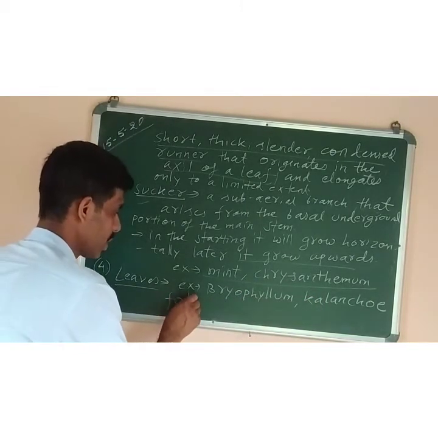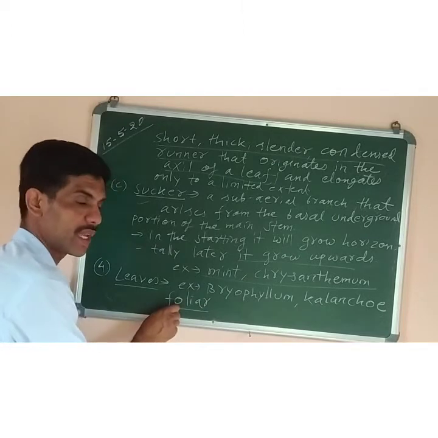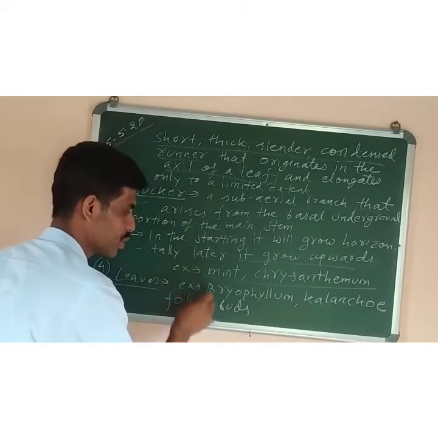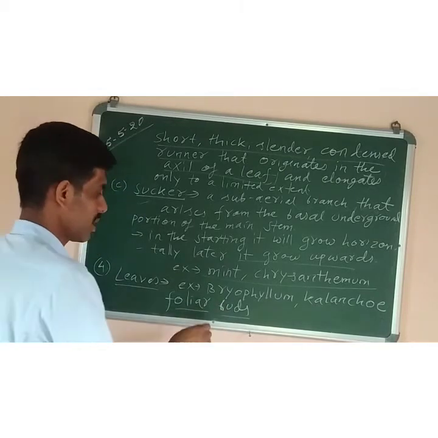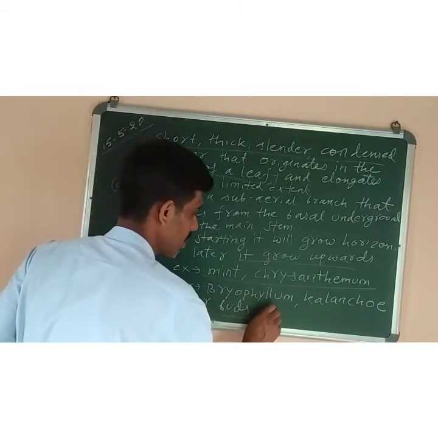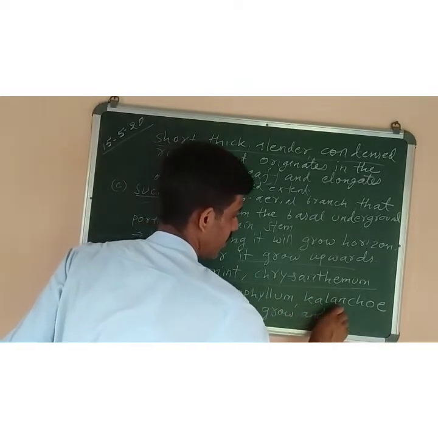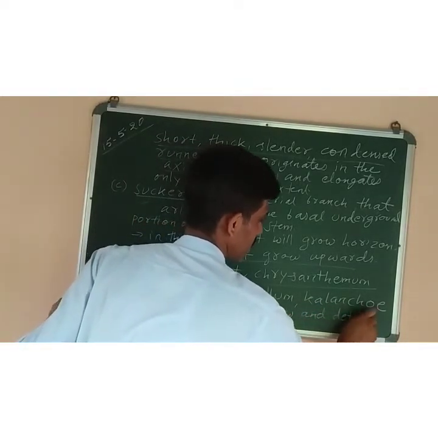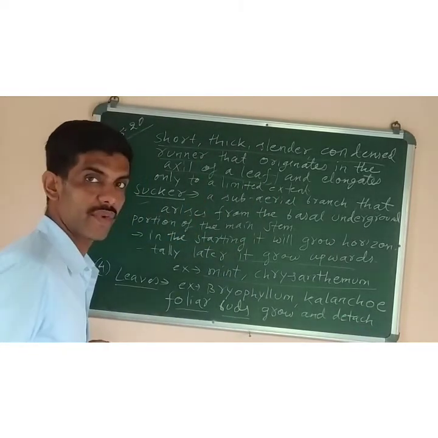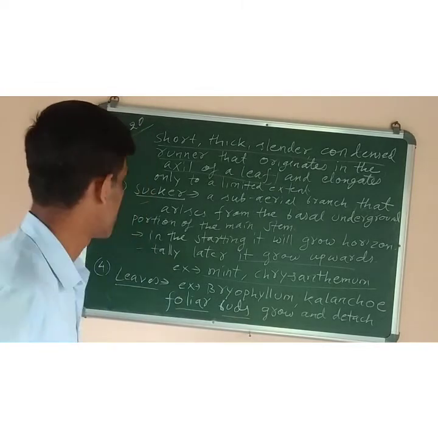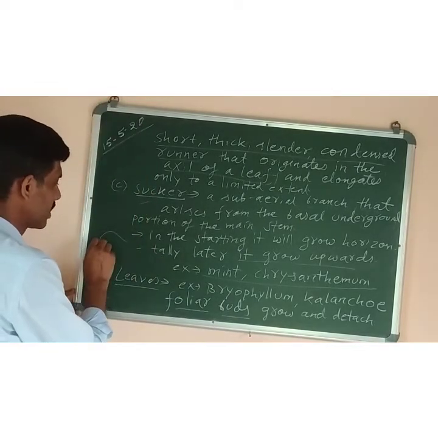In Bryophyllum and Kalanchoe, the foliar buds. What is the meaning of foliar? Foliar means it refers to the leaves. Buds, you know, are the young undeveloped shoot which is found in the stems only. So foliar buds grow and detach from the parent plant to produce a new plant. Means if I take the example of a leaf here, suppose this is the leaf.